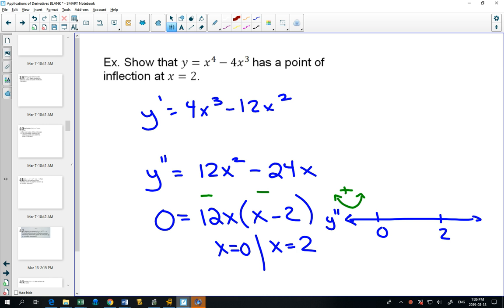When I plug something between 0 and 2, like a positive 1, now 12x becomes positive. And 1 minus 2 is still a negative number. This section is negative, concave down. And finally, if I plug something in larger than 2, well, this is still going to be positive, but 3 minus 2, now this is a positive value. This section will be positive.